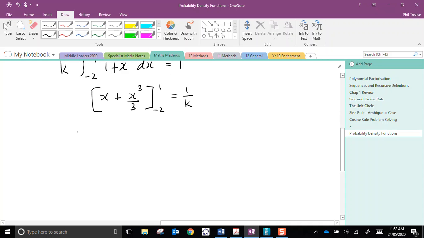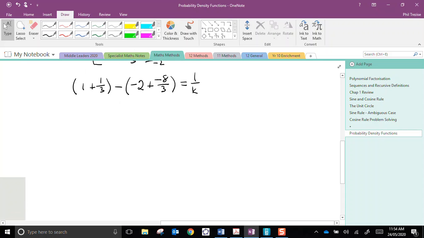Let's substitute. I would have 1 cubed is 1 over 3, minus -2 cubed, which is -8 over 3. All of this equals 1 over k.